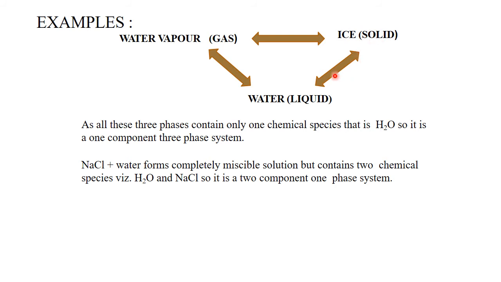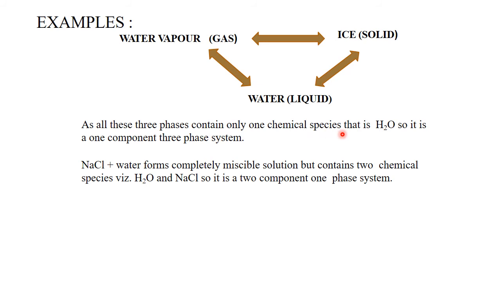So it's a one component system, as all these three phases contain only one chemical species, that is water. So it is a one component three phase system. The chemical species which exists in three phases is the same, that is water. So the component of the system is one and the phases of this system is three.